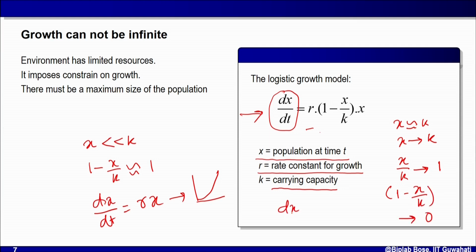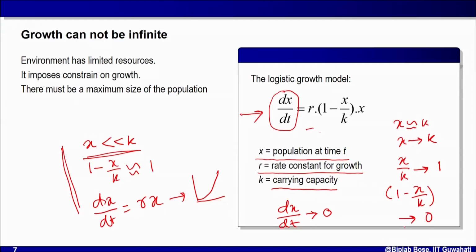So my rate of change dx/dt will tend towards 0. That means initially I will have exponential growth, but as the population reaches the carrying capacity of the environment, the growth rate will start reducing and eventually it will become 0. This type of equation is called the logistic growth equation, and we will call this model the logistic model.